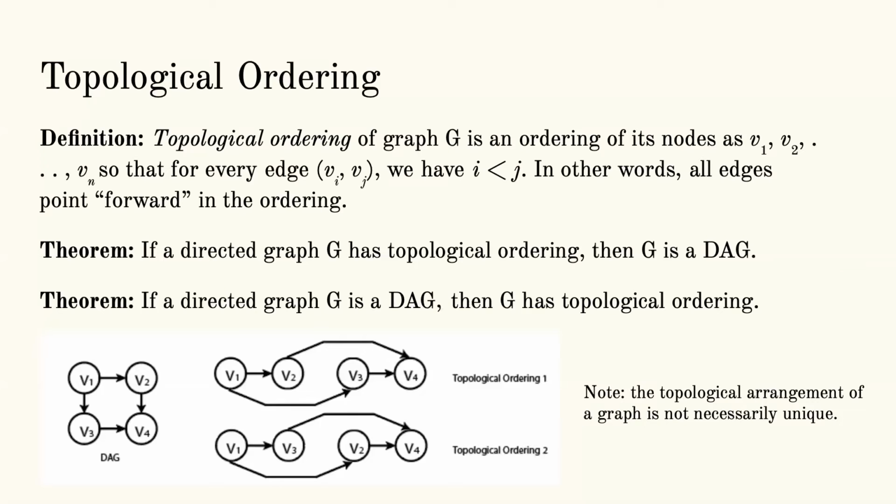And there are two important theorems. The first one is that if a directed graph G has topological ordering, then G is a DAG. And the second one is that if a directed graph G is a DAG, then G has topological ordering. The two theorems can be proved by contradiction, but we're not gonna do it here today.